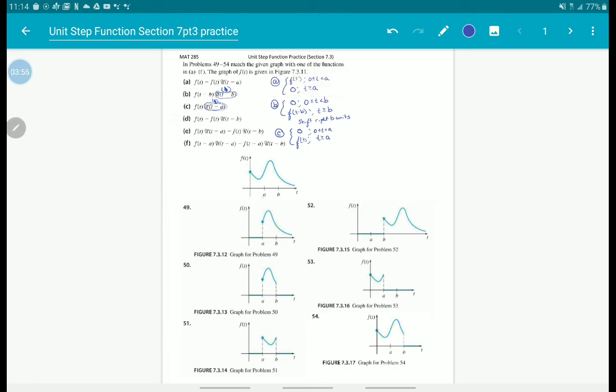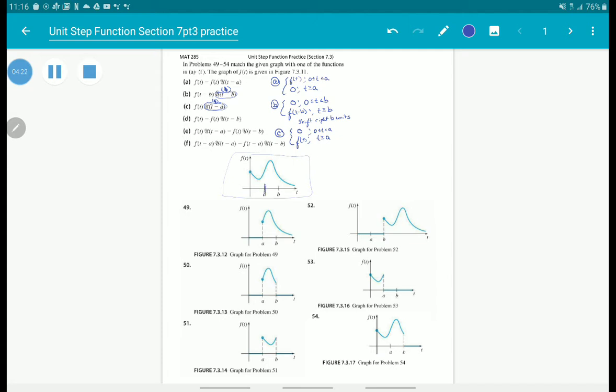So here's our f of t function. If we look at these, that's what the original f of t looks like. A says it's going to be the function f of t up to the point A. And then once we hit A, this guy's going to flatline and it's going to go to 0. So we would have f of t, just your normal f of t.